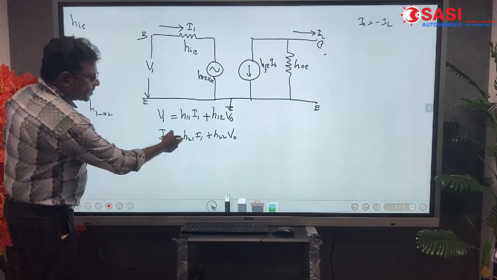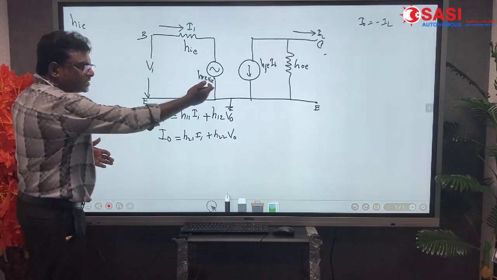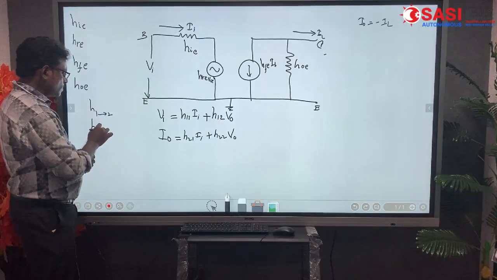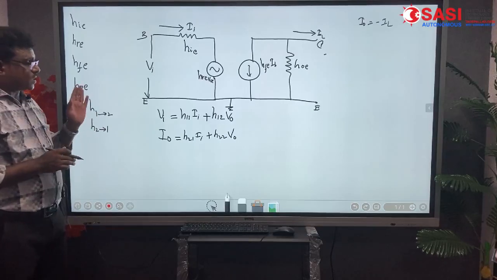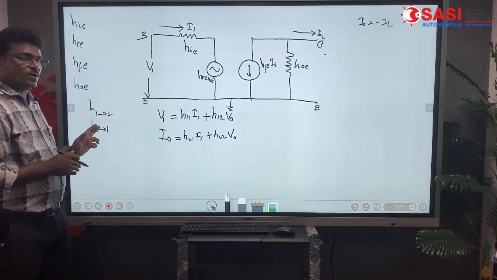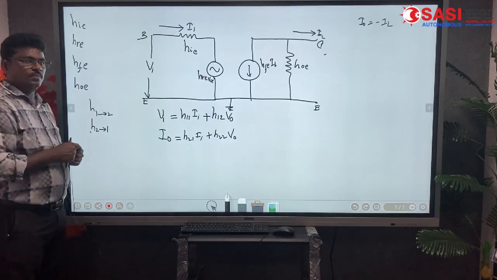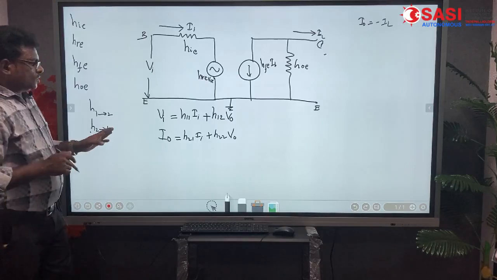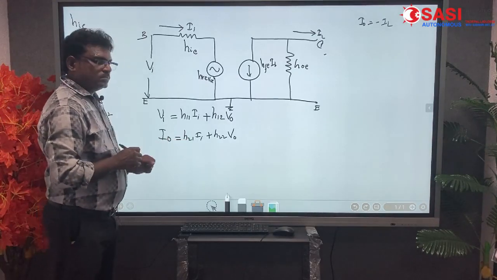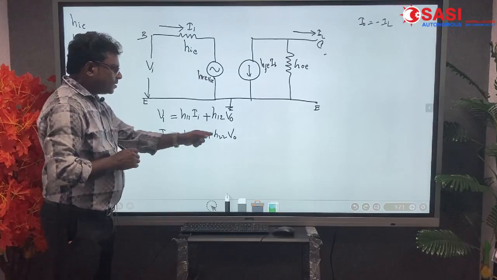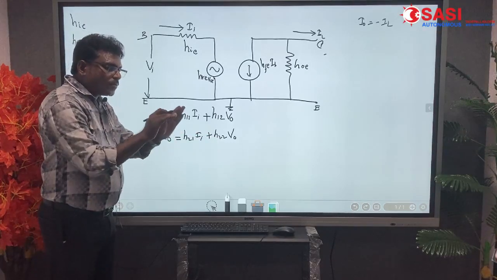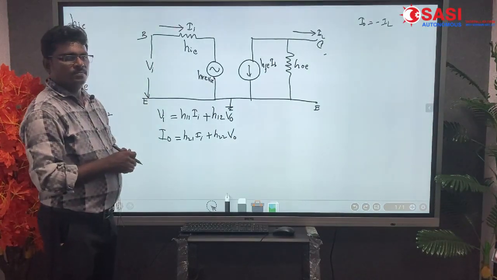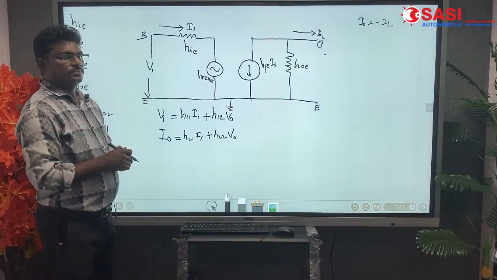H21 means this is the parameter transferred from second port to first port. The transfer means transfer from one port to other port. It should be noted. H22 is the individual port parameter. 22 means the second port parameter. There is no transfer.